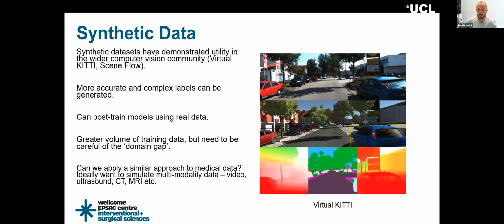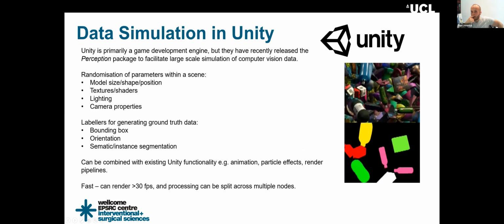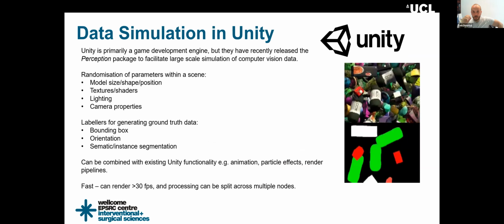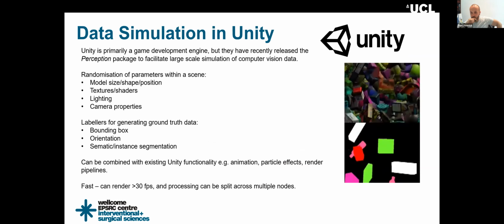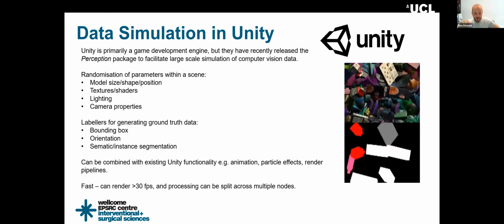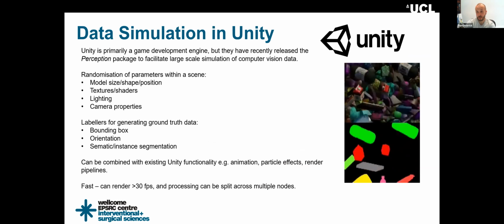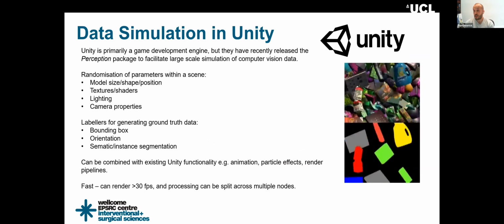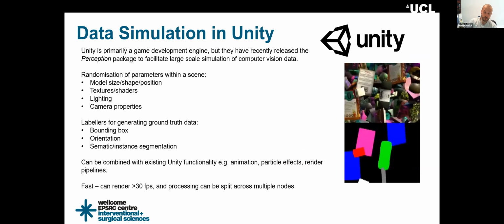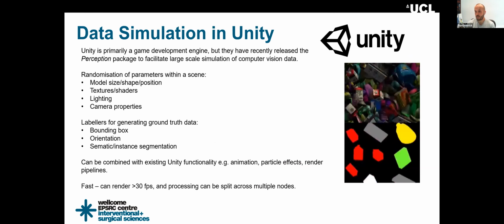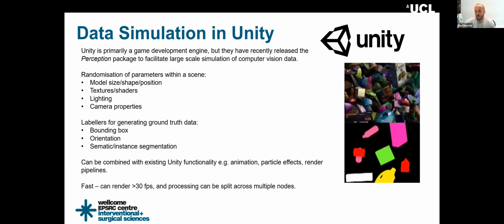Now, about a year or so ago, Unity, which is primarily a games development engine, started releasing some packages, which I think are currently still in alpha or beta, for doing large-scale simulation of computer vision data in Unity, which has worked out quite well for me. Basically, it allows you to set up a Unity scene.